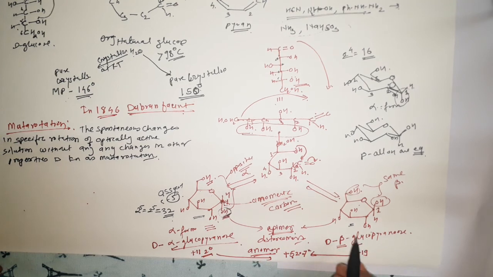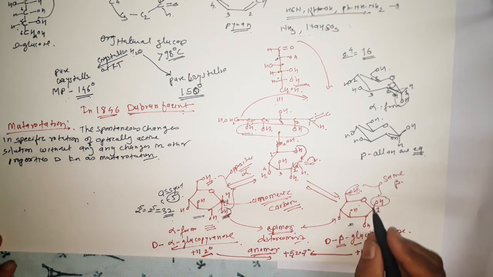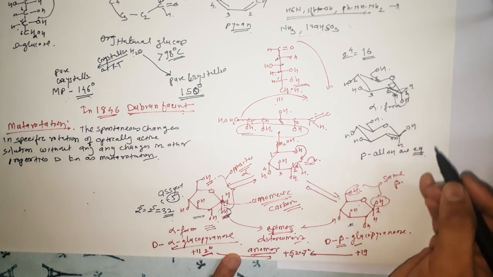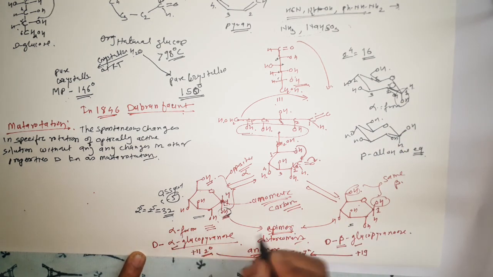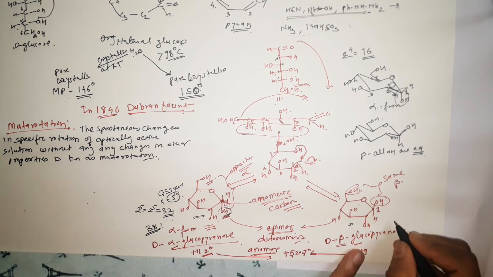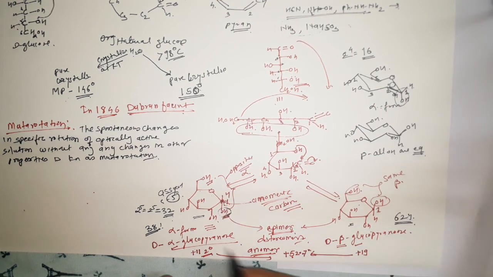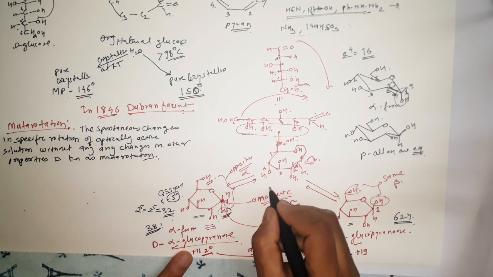So, in equilibrium concentration, the alpha form is 38%, and the beta form is 62%. The open chain is negligible, less than 0.5%.